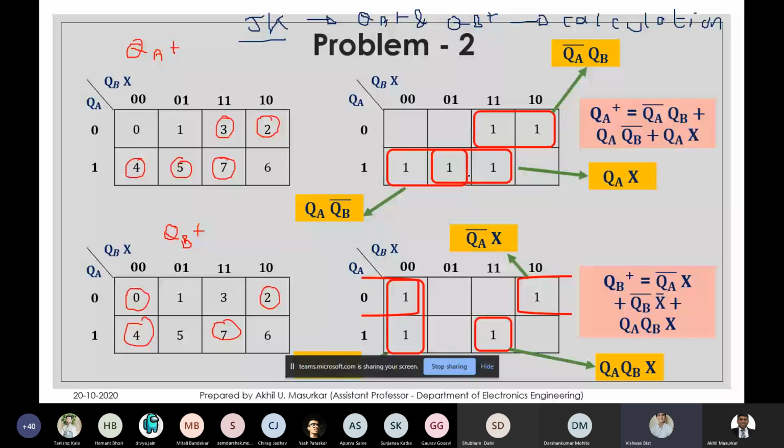Sir, in that slide, QB plus, yes sir, for the side one, QA bar and X bar will come, right? Yes, that is right. This will be X bar. Okay, that is right.